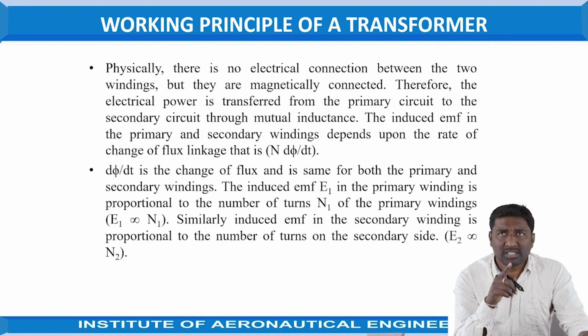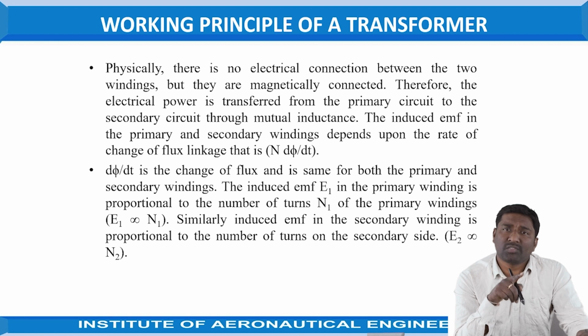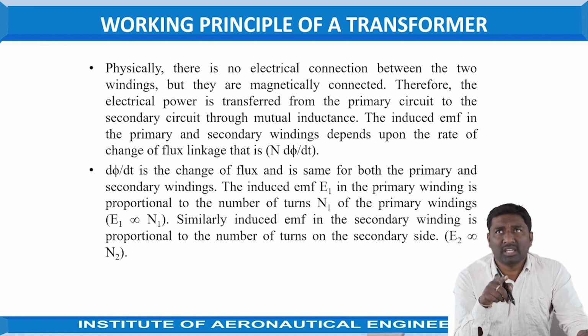There is no connection between the primary winding and secondary winding, but the power is transferred from the primary to the secondary. That means the transformer windings are magnetically connected and electrically separated.